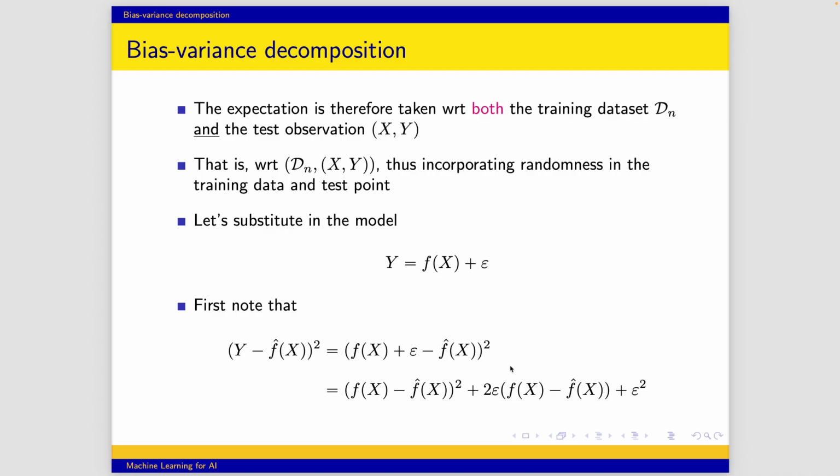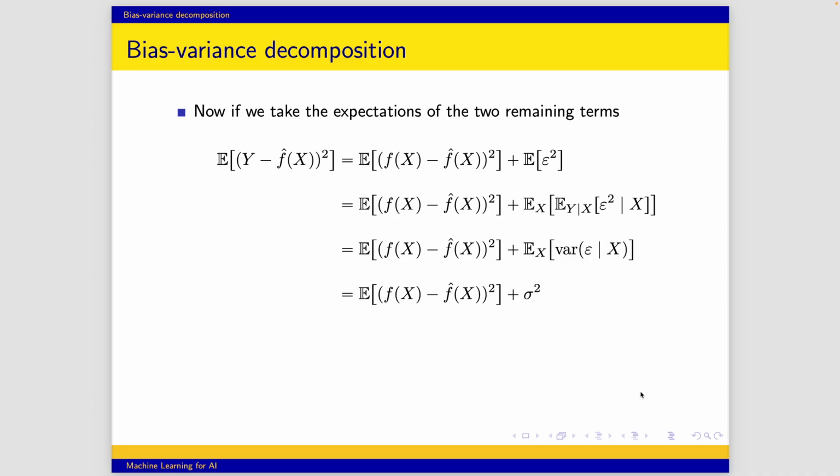But the expected value of this, epsilon times this, we've just shown is 0. So we're going to end up with just the expected value of this plus the expected value of this, which is what I've written here. So the expected value of this thing squared is now the expected value of this plus the expected value of epsilon squared.